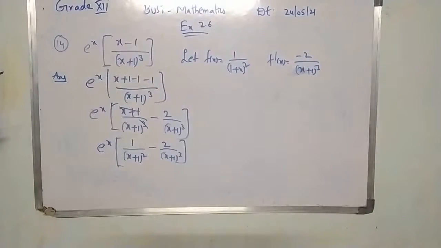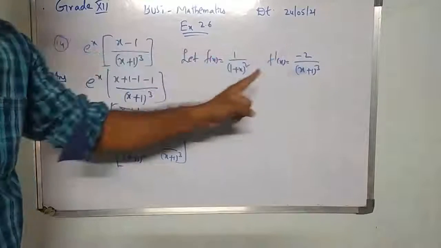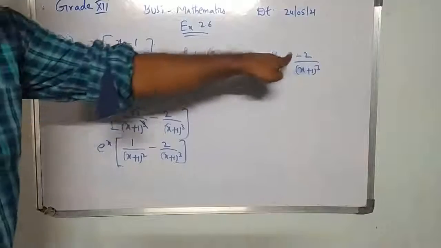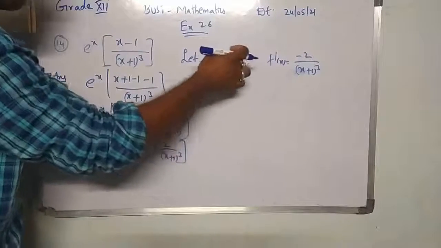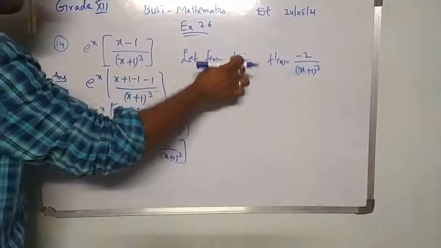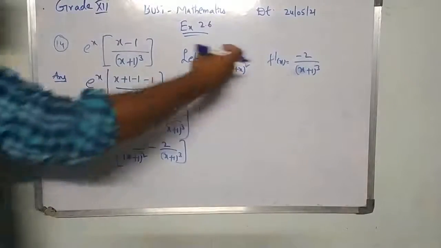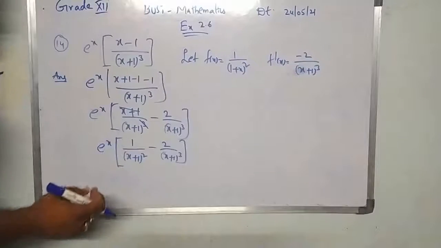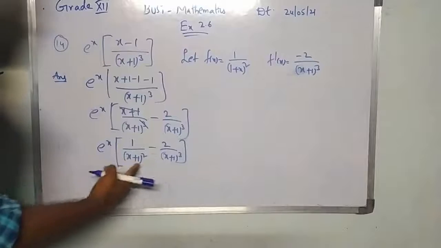Previously we have learned that the derivative of 1 by x is minus 1 by x square. The derivative of 1 by x square is minus 2 by x cube. If the derivative of 1 by x cube is asked, it is minus 3 by x power 4. It keeps on increasing with alternating signs.